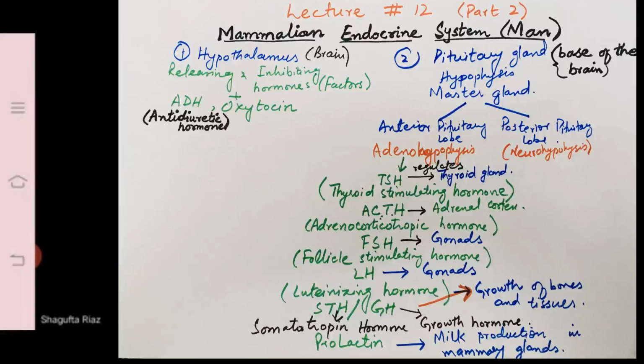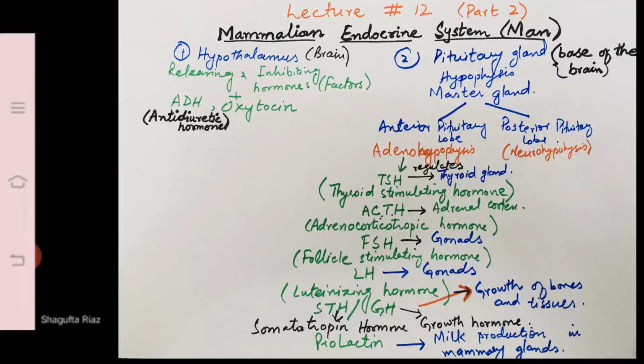As the name shows, these factors are responsible for the release of other hormones from our body, or they can inhibit or stop the secretion of a hormone. Under the influence of hypothalamus, different hormones get started the release or secretion, and it can also be stopped by the action of hypothalamus, right?